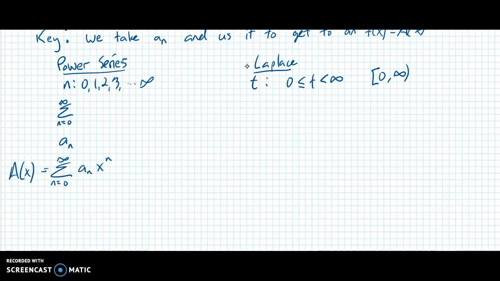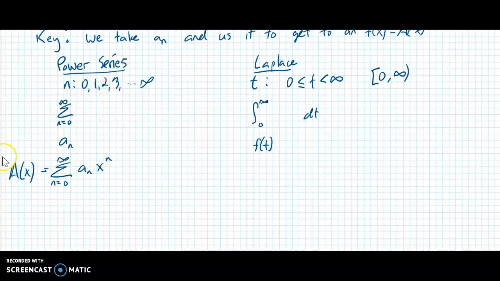Next, what's the equivalent of summation, but a continuous version of summation? Well, you've been through calculus. You know that would be the integral from 0 to infinity, and it would be a dt. And then instead of an a sub n, I'm going to take an f of t, and you'll see how this all puts together in a moment.